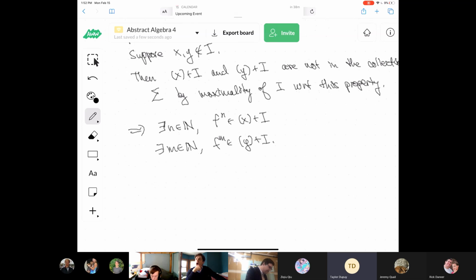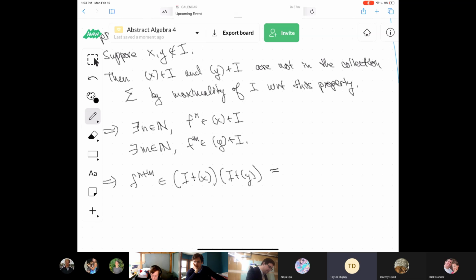So this implies that f to the n plus m is an element of the product of the ideals I plus x and I plus y, and this thing here is I plus xy.